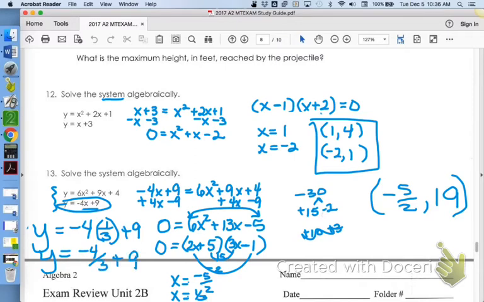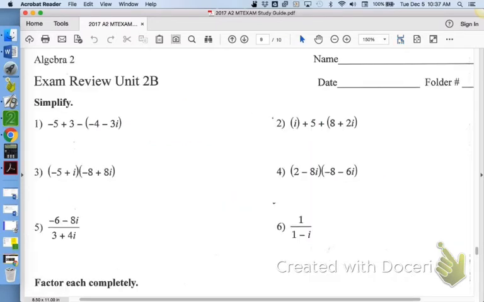I can change that 9 out to 27 over 3 because you have to have a common denominator. And when you subtract 4, you get 23 over 3. So at 1/3, 23 over 3, and you can leave it like that or you can change it. Doesn't matter. Those are your 2 points of intersection. All right, next.